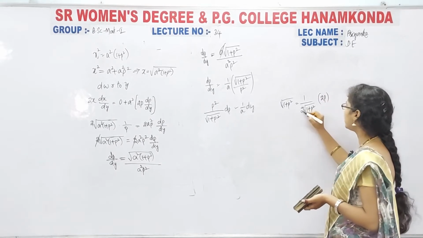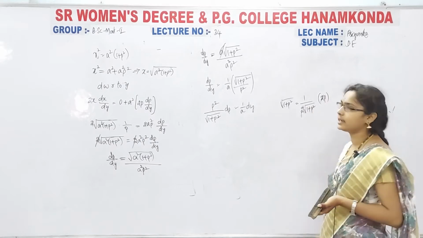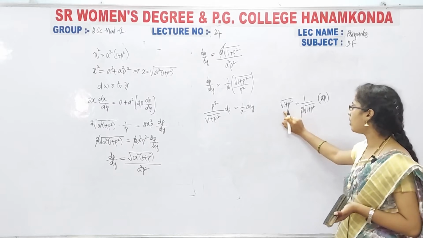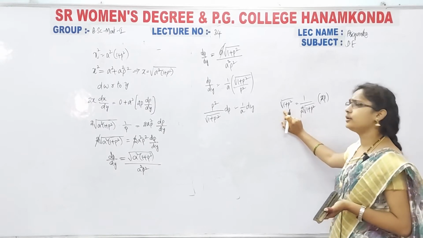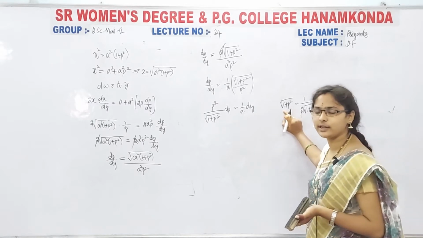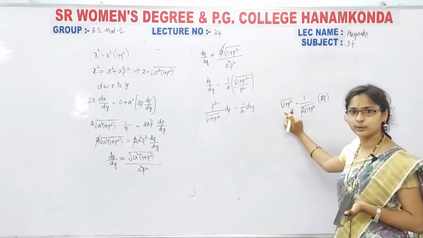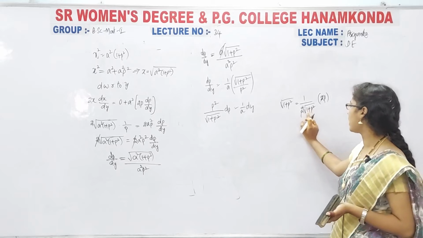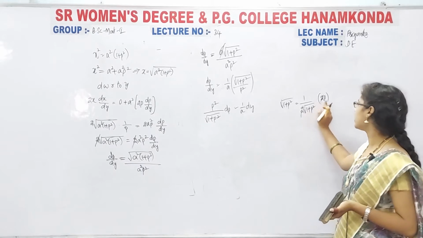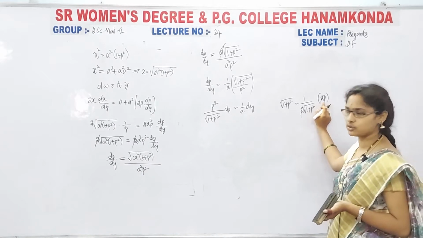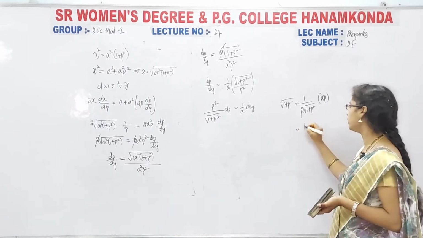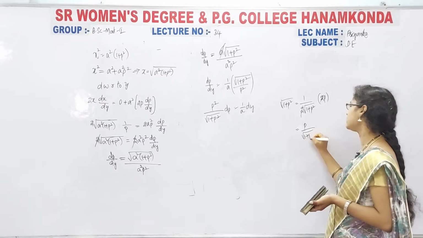So 2 and 2 get cancelled, and what we get is p by under root of 1 plus p square.